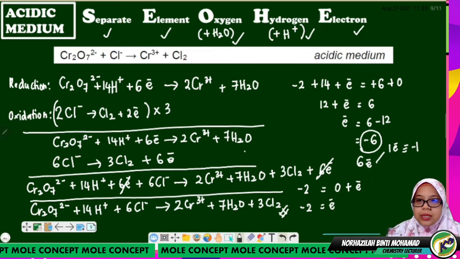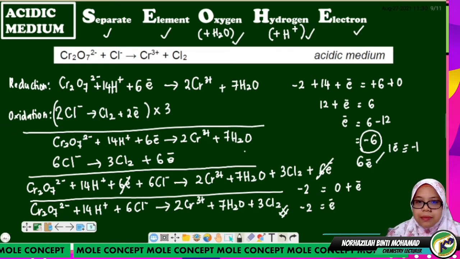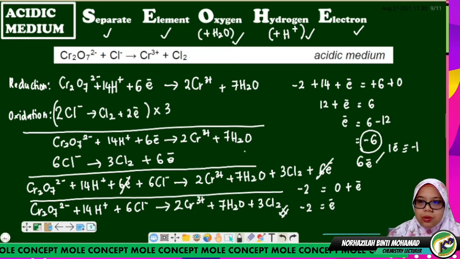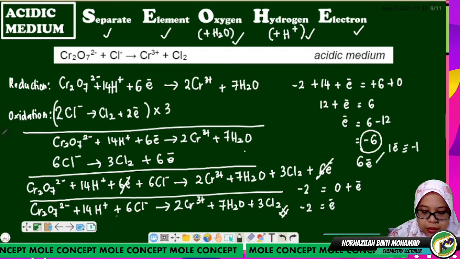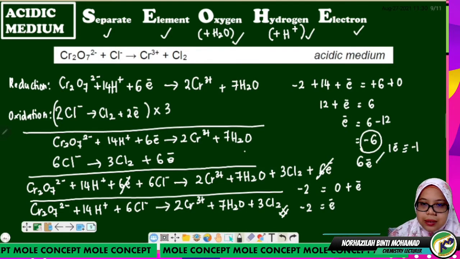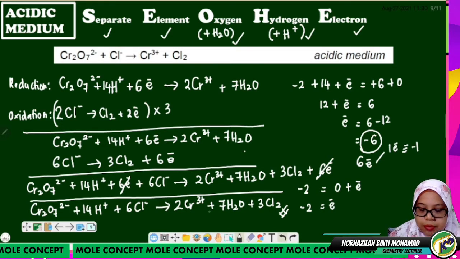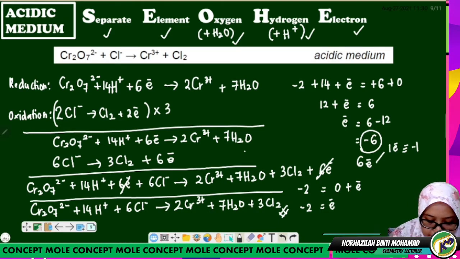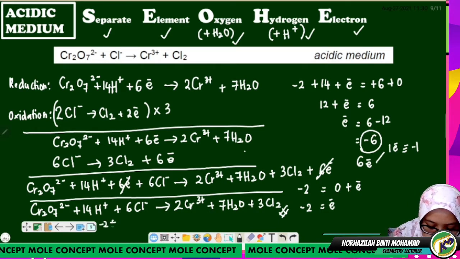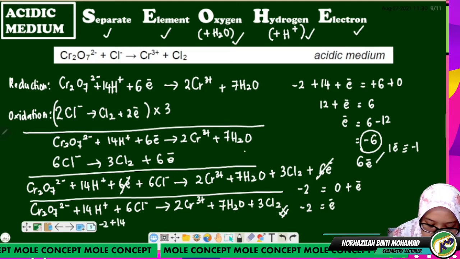To make sure that you have a correct balanced equation, try to total up the charge once again. If the total charge on the reactant side is the same as the total charge on the product side, it means your answer is correct. Right now we have negative 2 plus 14 minus 6.